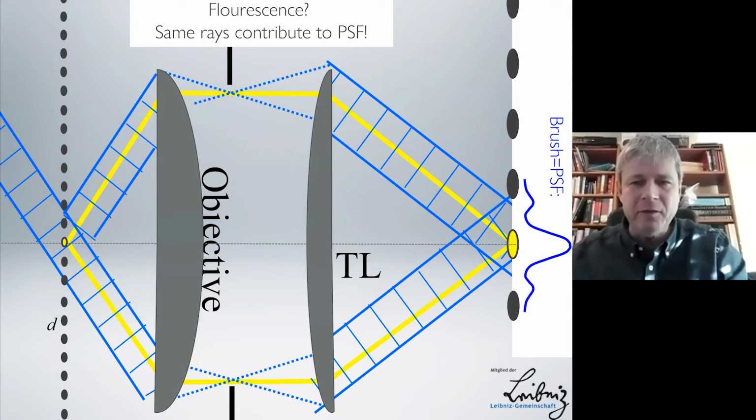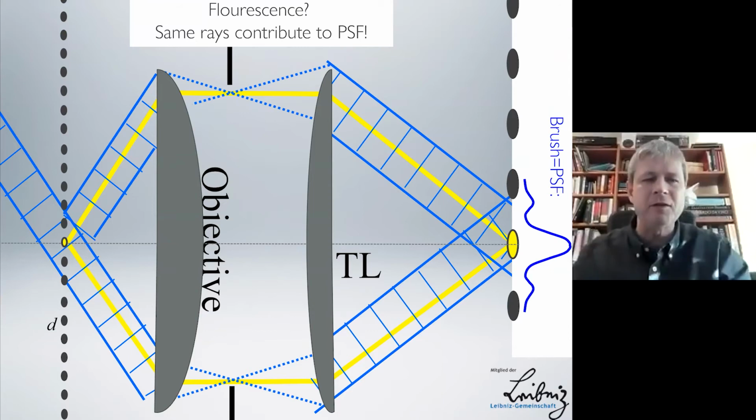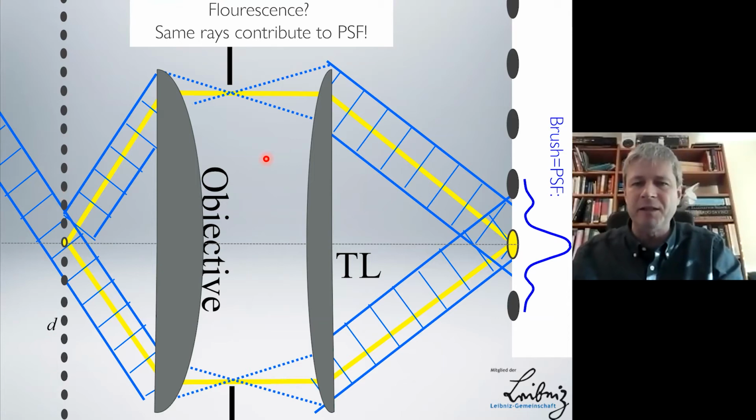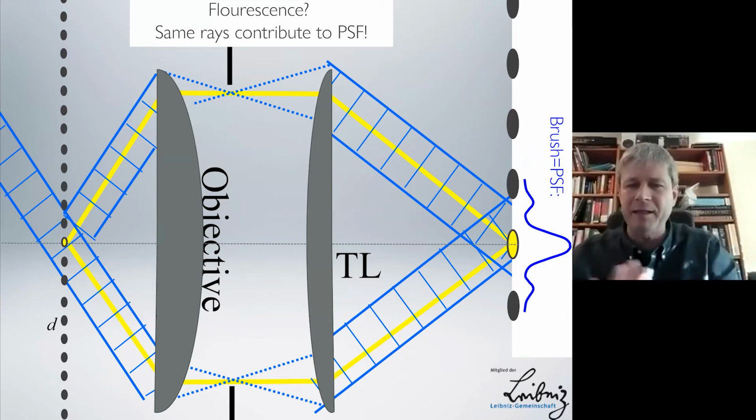And as it turns out, this is then also responsible for the resolution limit that this microscope can transfer from a self-luminescent, fluorescent object to the image plane. You see here on the left, the black dots are sort of our fluorescent grating, and this is the image of the fluorescent thing. And to be able to form such an image, we still need to interfere these two beams. Otherwise, everything is blurred together in such a way that there will be just a homogeneous thing instead of a grating.